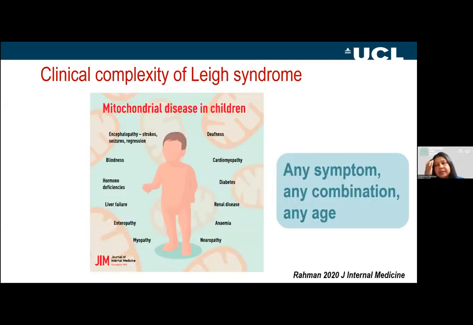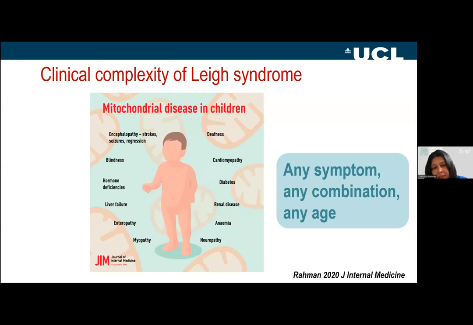So we've talked about the clinical complexity of Leigh syndrome. Although there are some characteristic neurological features, we've heard from Greg's talk that the initial symptoms can be very non-specific, and there can be diagnostic delays and odysseys, which hopefully are being speeded up by the access to next generation sequencing that is becoming available in many centers in the world.